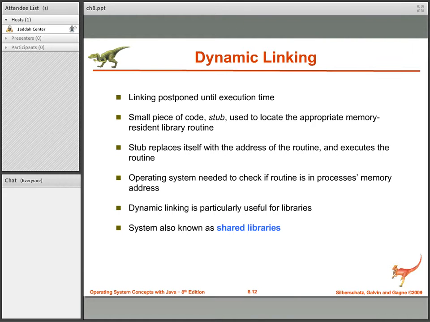So it is a representation of the routine. Once you use a stub, then this stub is replaced with the address of the routine, and then the routine will be executed.